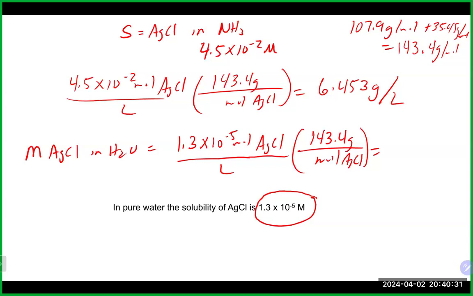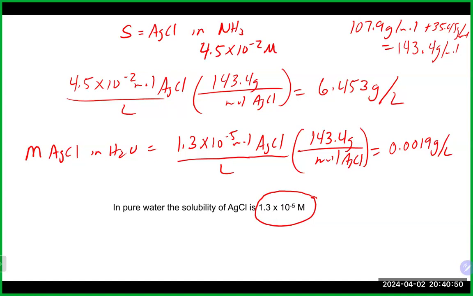There we go, about, we'll call it, 0.0019 grams per liter. Which one is it more soluble in, in this case? It is way more soluble in ammonia.